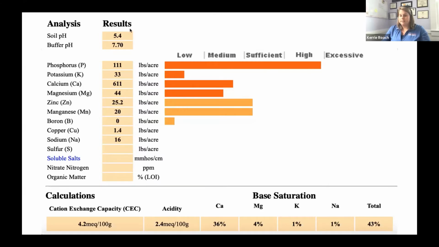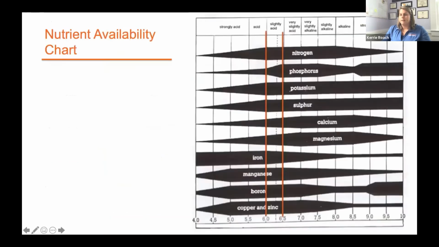And so looking back at the nutrient availability chart, that 5.4 is going to fall right here. So notice how these nutrients become much less available. Those bars are very thin. And so that creates a problem for us in production farming.